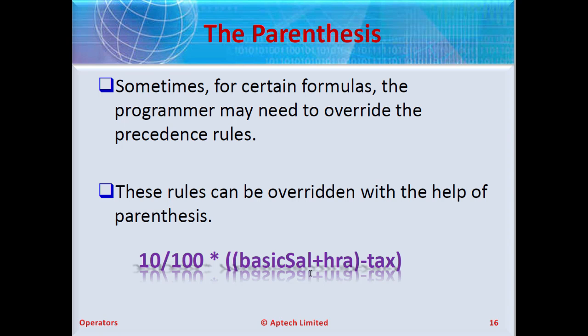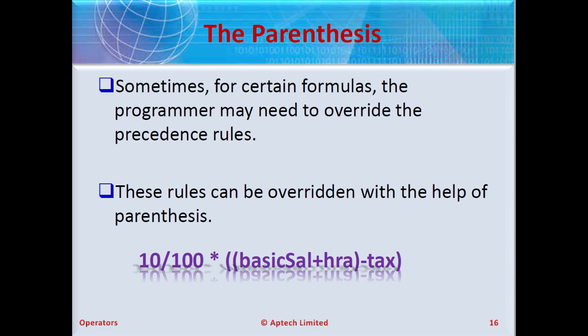Therefore, to override these rules, we are putting the operations in brackets. And basically, these are called parentheses in American English. We call them brackets, okay? So the innermost brackets will always be evaluated first, then you evaluate the outer brackets, then now you can do the other calculations. And with that, we've come to the end of the session.